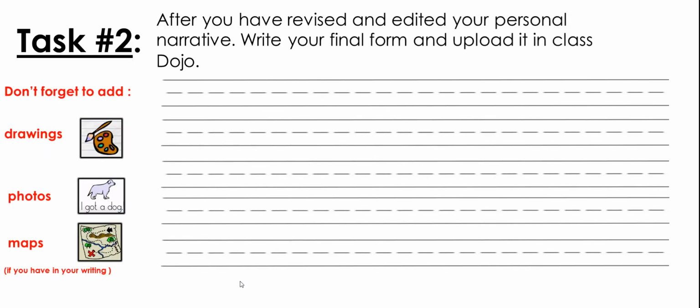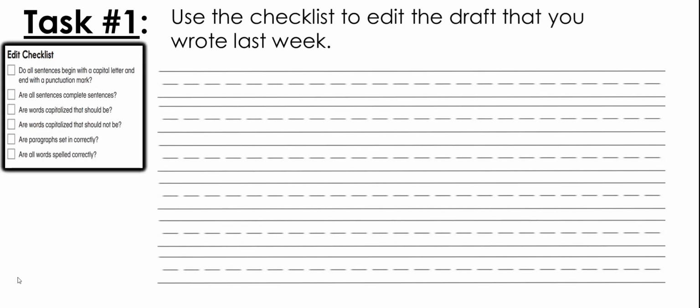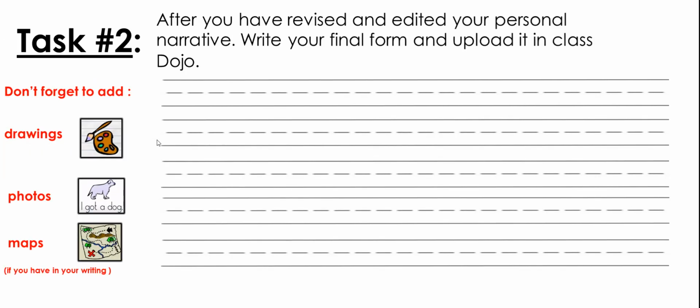And for task 2, I need you to, after you checked all this checklist and corrected all your mistakes and edited your draft, write a final form. I need you to write the final form and upload it in Class Dojo.